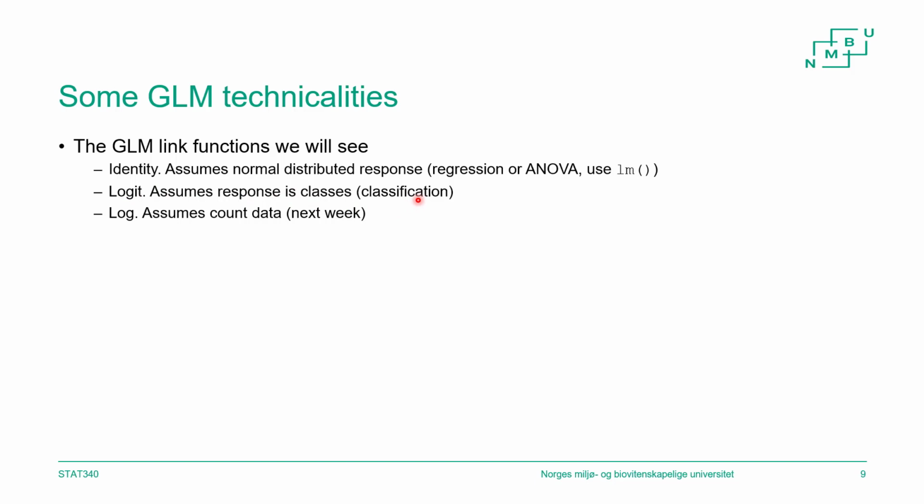We will see in a minute that we can extend it to multiple classes, and then we use the logit several times in a sense. And then next week we will see the log link function, and that's what you do for count data, where the count is no longer Bernoulli 0 or 1, but some bigger numbers, right? 2, 3, 4.